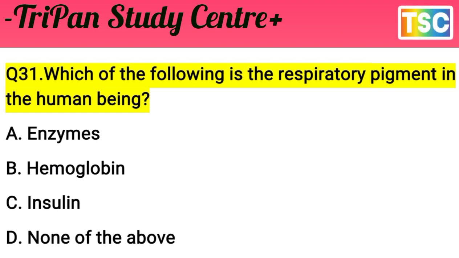You know that hemoglobin is present in human blood and is red in color. It is a respiratory pigment in human beings. It is vital for human survival as it carries oxygen. Option B, hemoglobin, is the correct answer.